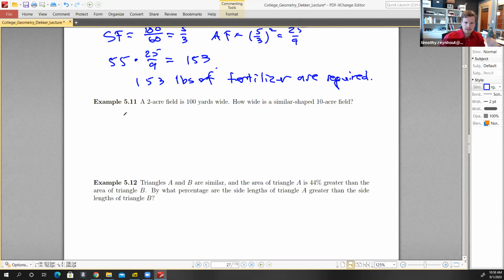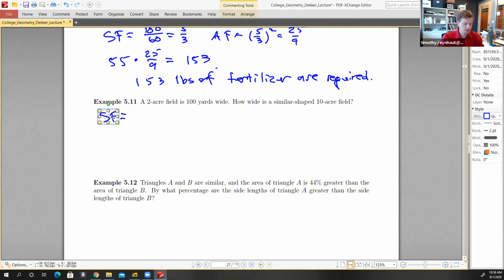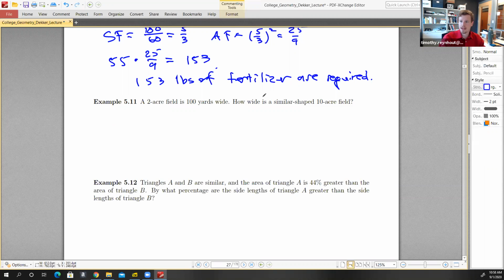So in order to go from the 2-acre field to the 10-acre field, we want to find the scaling factor. So, actually, not the scaling factor. In this case, we're working with the area factor. We want to find out what the scaling factor is because we want to find out lengths, or widths rather.